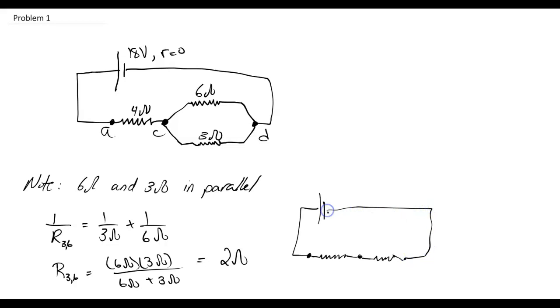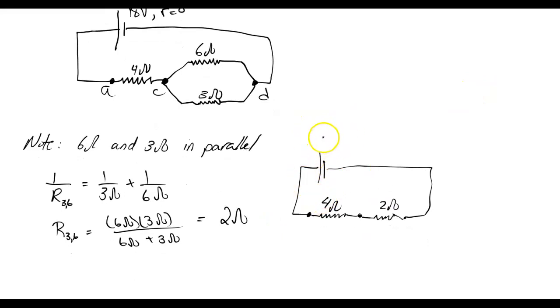So now we have the 4 ohm here, we have the 2 ohm here, which is the equivalent resistance for the other two. It's still 18 volts. It still has negligible internal resistance.